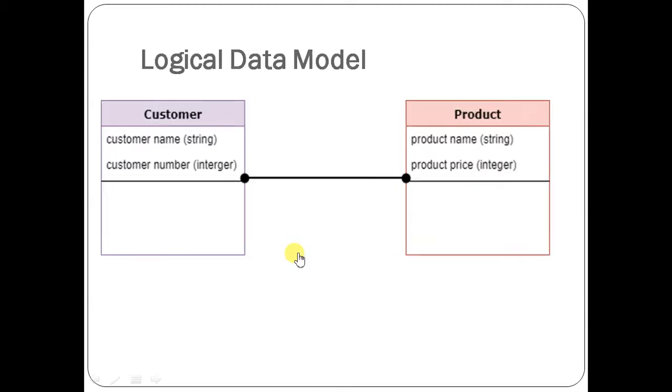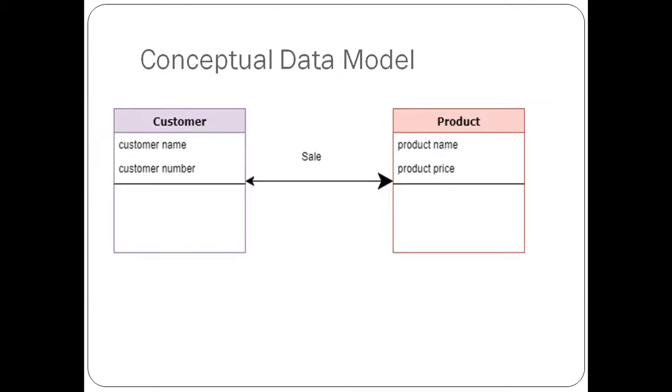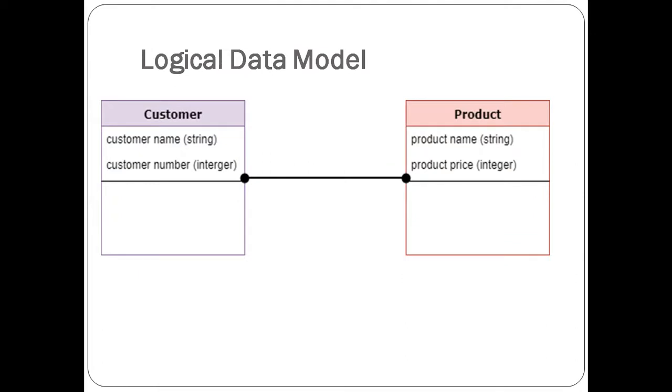Next is the logical data model. In the logical data model, we define or refine the model by showing the data types. In the previous one, there was only customer name and number, product name and price. Now we have included that this will be a string, this will be an integer. This is still not database specific.